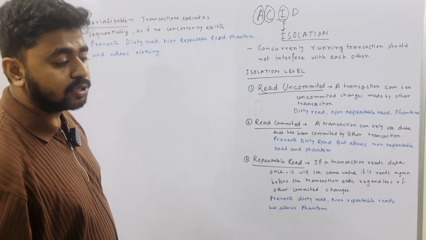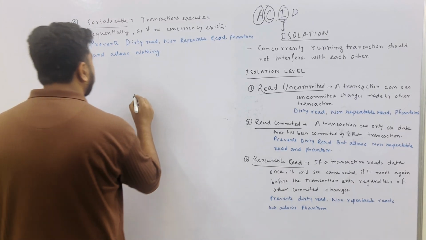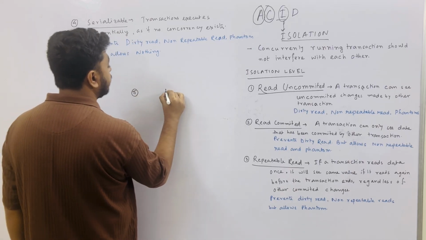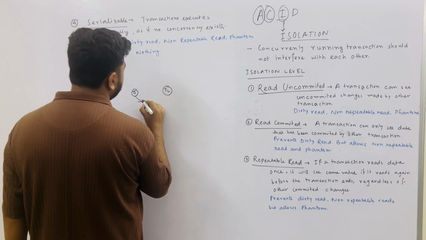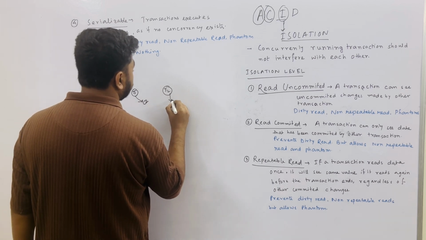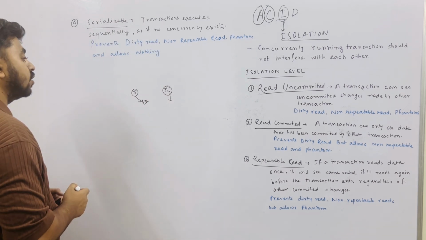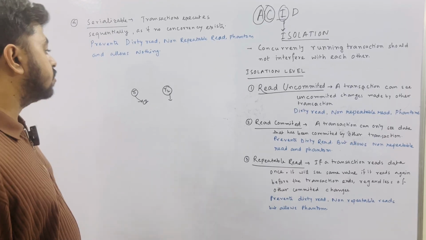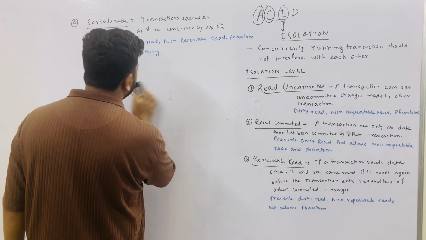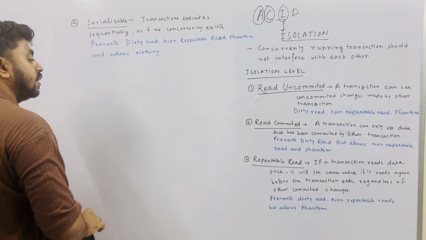Non-repeatable reads also will come, because if a transaction changes the value multiple times, T2 will get different values each time. And phantom also will come, because any changes in T1 can come to T2, since it is able to read uncommitted records. I hope you got it. So if any transaction is able to read the uncommitted records, then it is called read uncommitted.